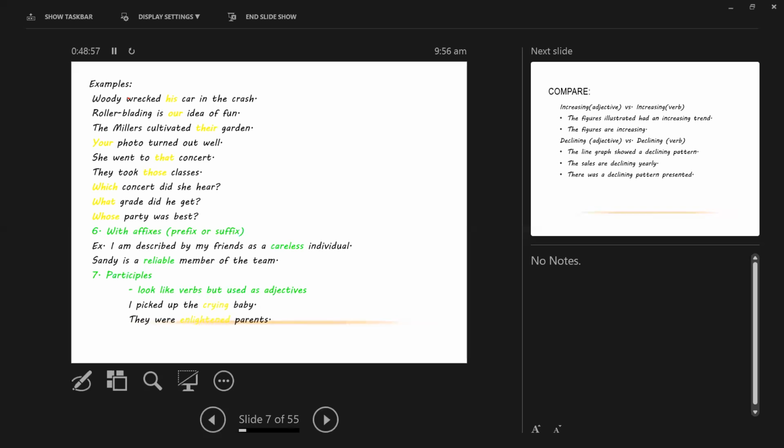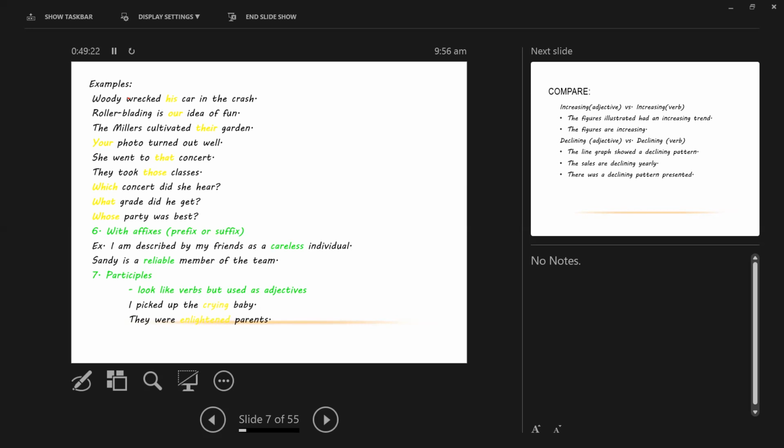Woody wrecked his car in the crash. The word his is a pronoun, but it acts as an adjective because it modifies the word car. Whose car is it? It's his car.